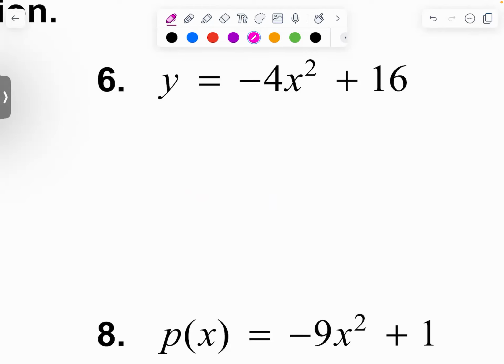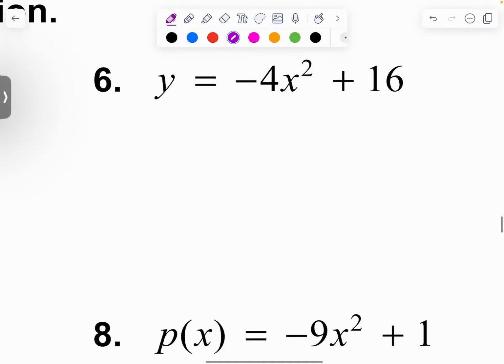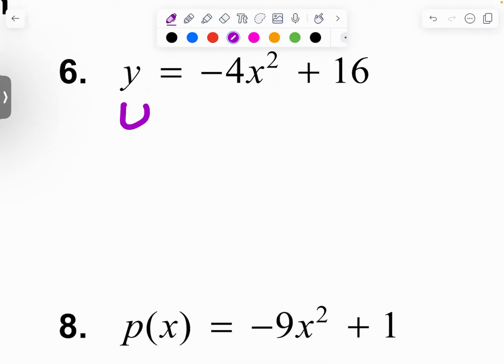Okay. So I want to find the zeros for number 6. So I'm going to put 0 in for y. What would be a good thing to do over on the right side? Simplify. Nope. Of? -4. Let's get that negative out.